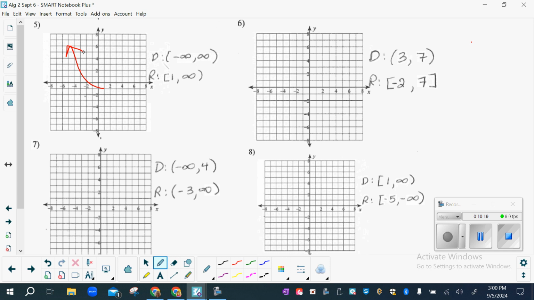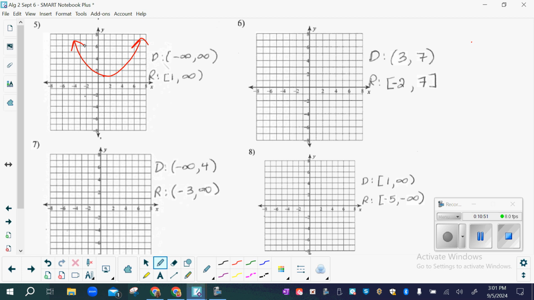Yeah, continue with it. And then that's going to go to positive infinity. So this arrow goes from negative infinity, this arrow goes to positive infinity, and then the range starts from, oops, what's wrong with this one? It has to start at 1. So it needs to go like this. Does that make sense? Yes.